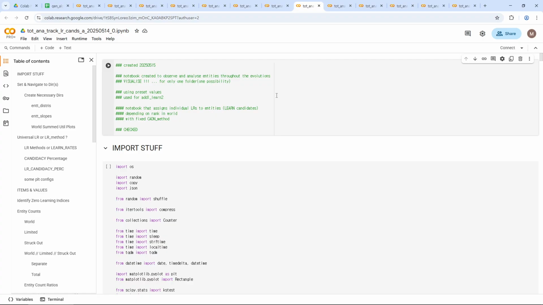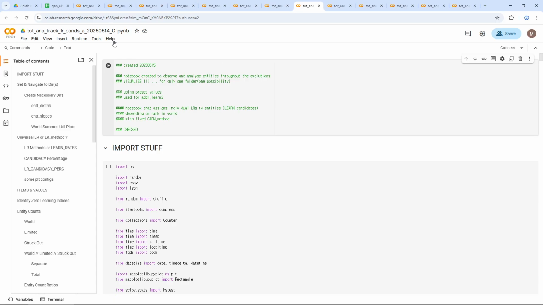Well, actually, I did that wrong. Let me start over. It is almost the same. 2025-0514 uses _0 to _5, so 6 notebooks, all cycle through the 6 learn rate methods.